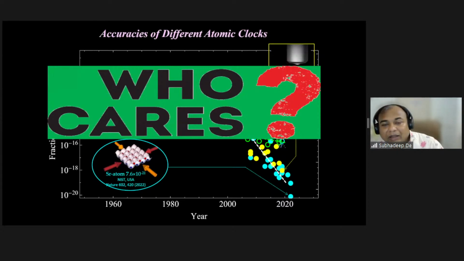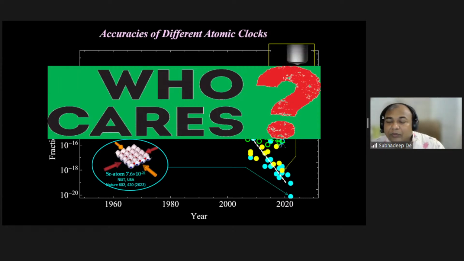You are right in one sense that clocks will be able to detect this kind of perturbation in the space-time fabric. But at this moment, with the present accuracy level of 10 to the power minus 21, it's not good enough to measure that. So we need even more accurate clocks for that.